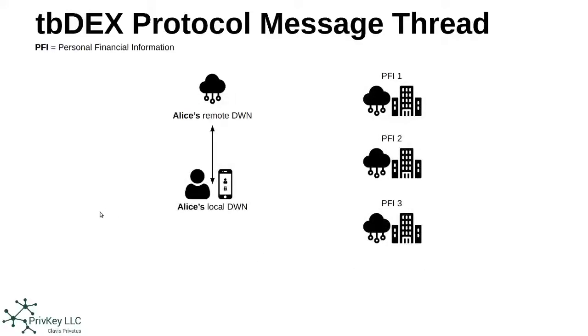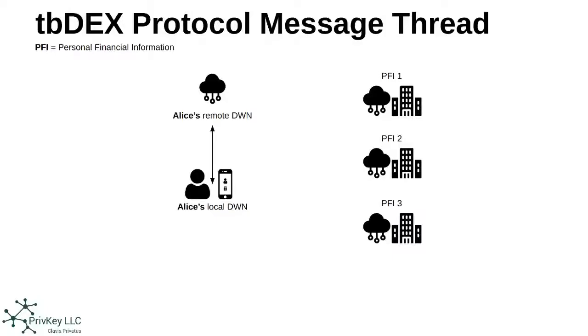Moving forward, looking at the actual protocol message thread and how this works, we'll give you some examples. But from a high level, what we have here is personal financial information, or PFI 1, 2, and 3. These could be banks, or government institutions that have silos of data. These PFIs have their own nodes and they're participating in this decentralized web of nodes.